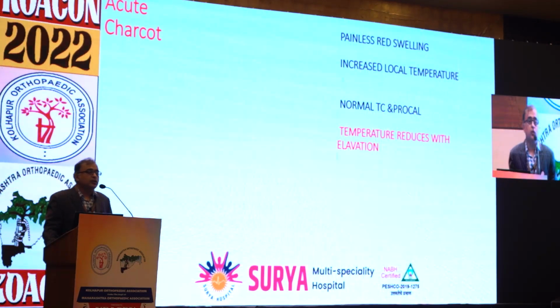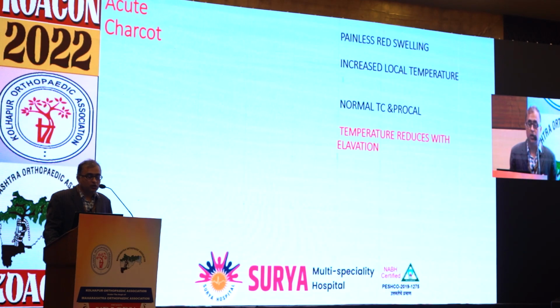Acute Charcot and chronic Charcot. In acute Charcot, the patient goes to sleep overnight and in the morning comes with a painless red swelling of the foot and ankle, or maybe the leg, with increased local temperature. How do we differentiate it from cellulitis? A swollen foot in a diabetic is altogether a different topic, but our routine concern is whether it is cellulitis or infection, or it is a Charcot.